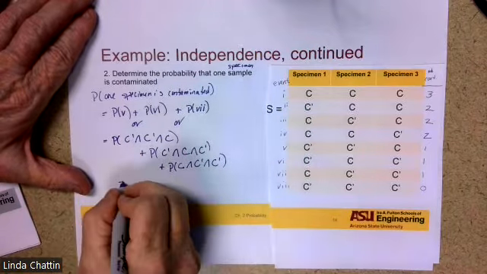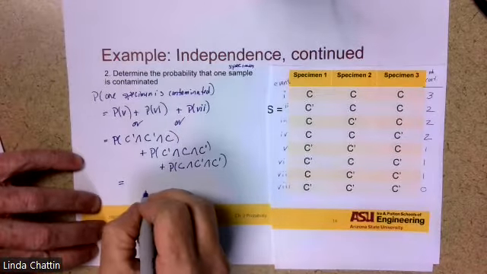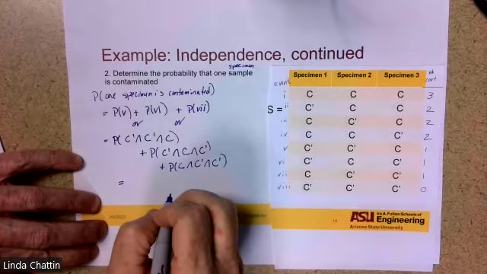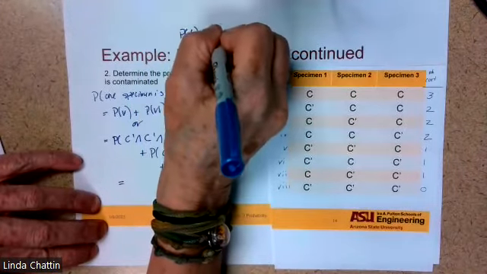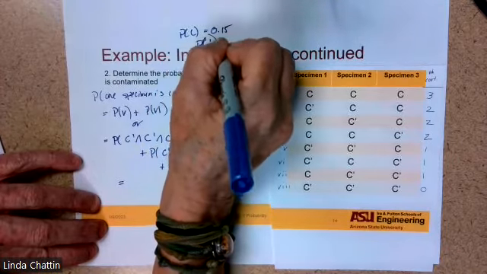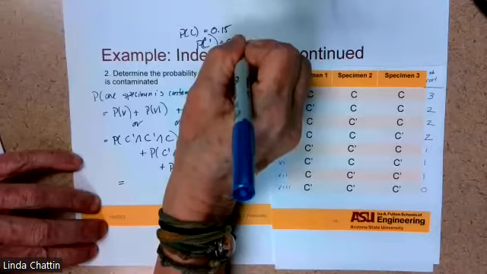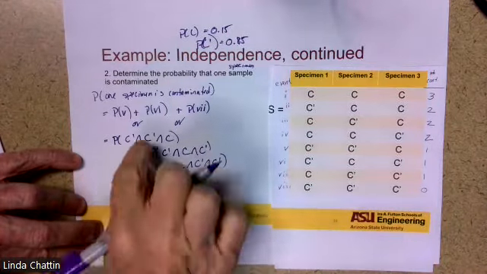Each one of these will be, remember, we've got the probability of C is 0.15, and we've got the probability of C prime is 0.85. So we're going to be multiplying these together because we said they were independent.